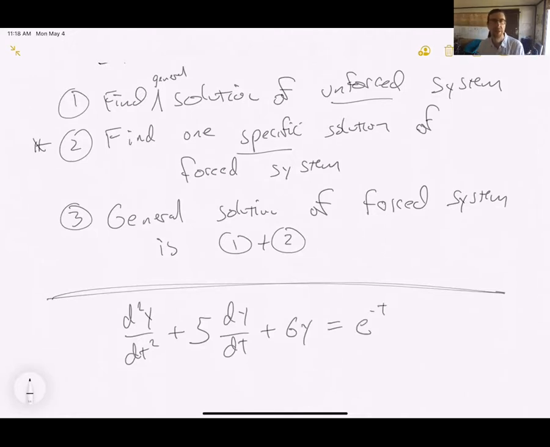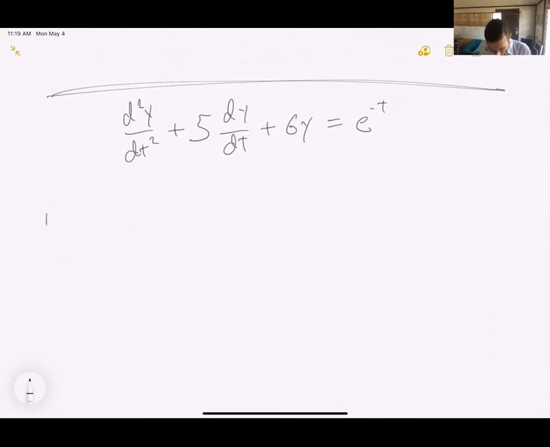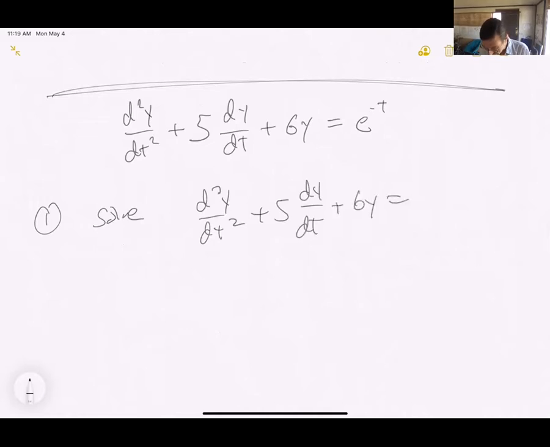Okay, so step 1 is to just replace that e to the minus t with a 0 and find the general solution of that unforced system. So we'll go through it. Step 1 is solve d squared y dt squared plus 5 dy dt plus 6y equals 0.